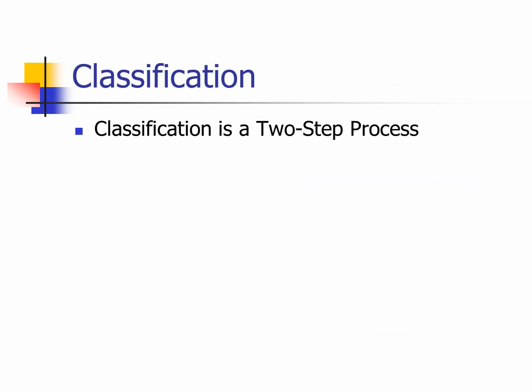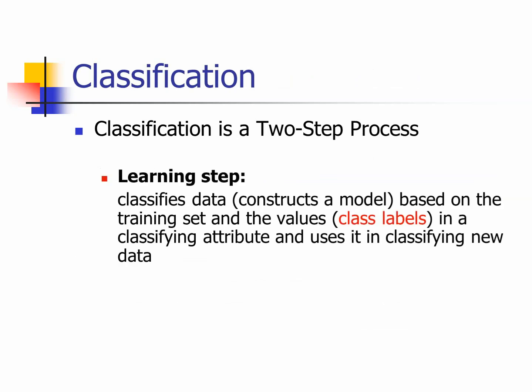Classification is a two-step process. Like I mentioned earlier, classification tries to learn things from the historical data, from the data that you have. So the first thing classification needs to do is build a model to extract the information out of it. That is what we call the learning step.